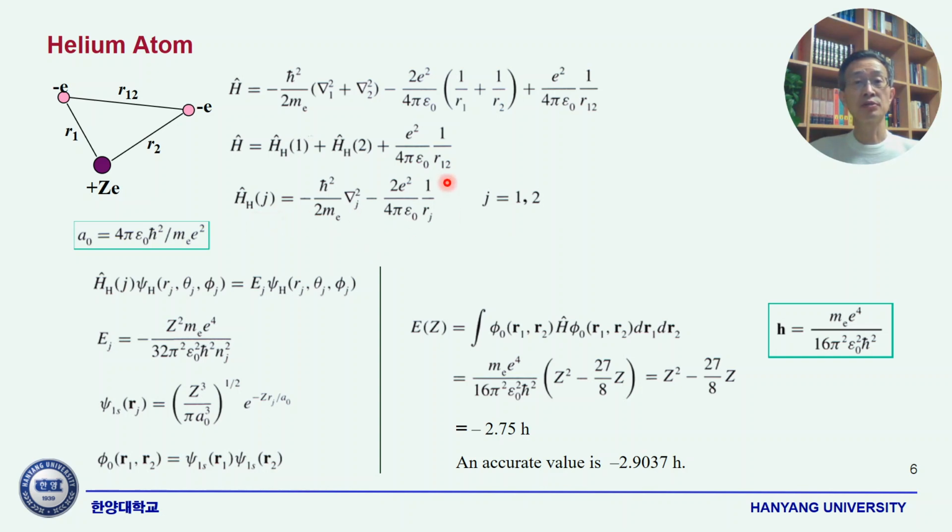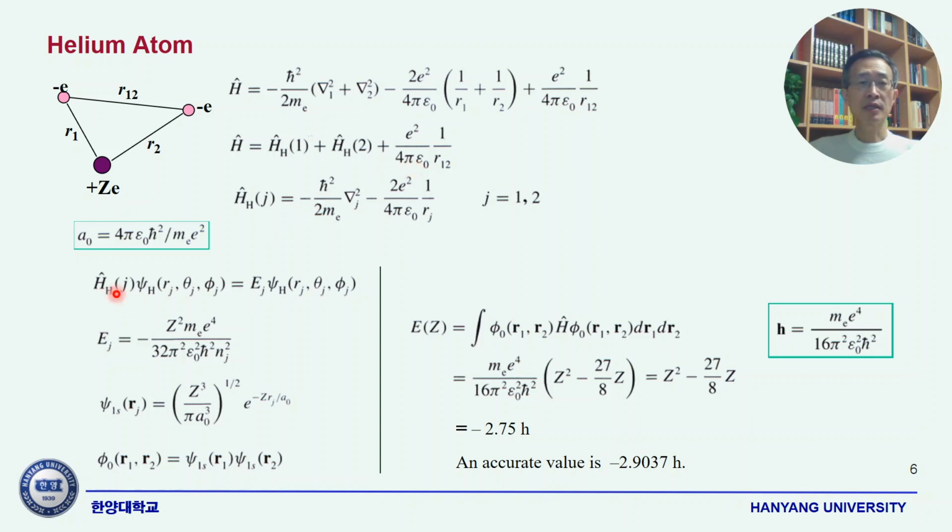So this is the hydrogen-like atom Hamiltonian H_Hj. This term and that term make H_H1, and this term and that term make H_H2, plus the inter-electronic potential. So we basically have two hydrogen-like atoms plus inter-electronic interaction.